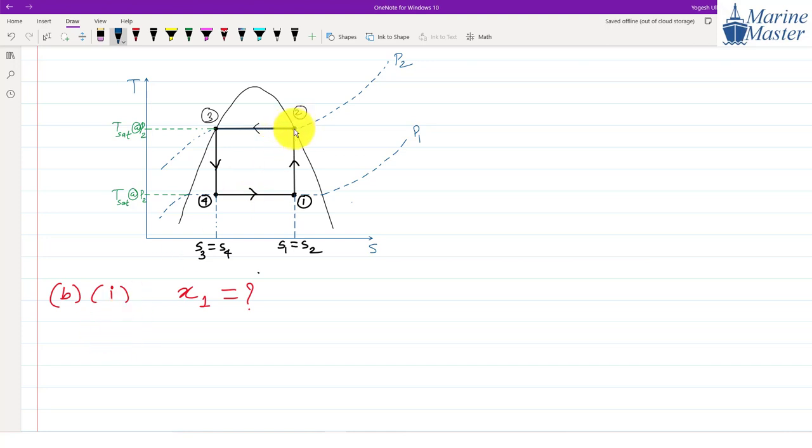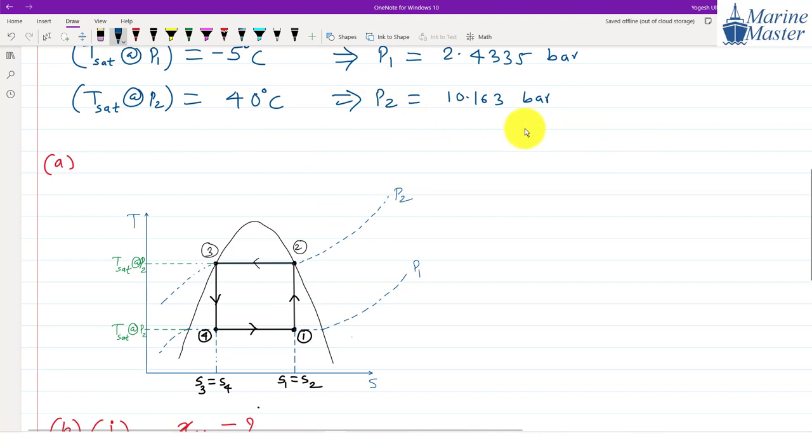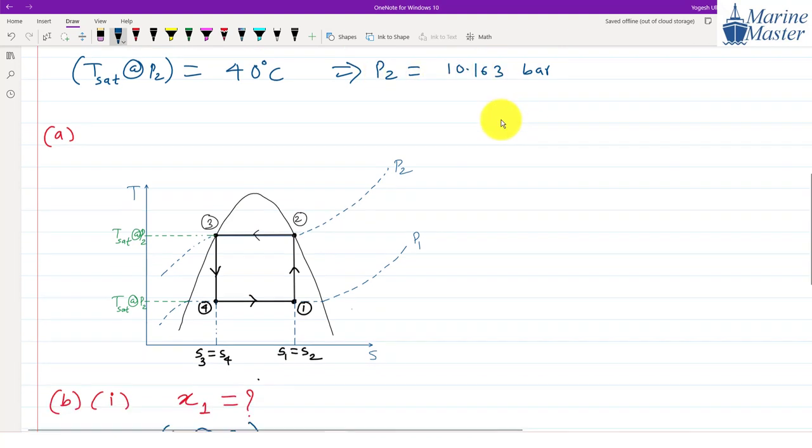So at what pressure do we have point 2? At the P2 pressure. So S2 is equal to Sg. Why Sg? Because the state of point 2 is dry saturated vapor, at the P2 pressure. How much is the P2 pressure? 10.163.